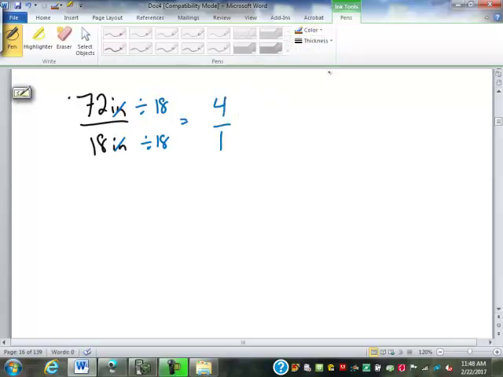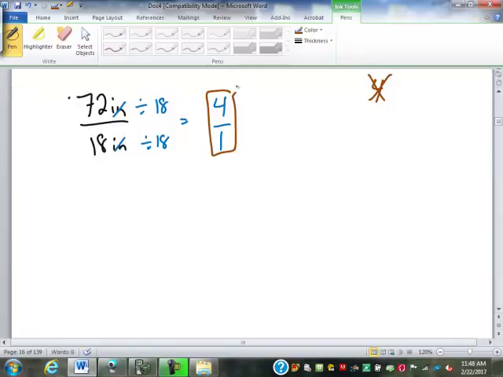So here's another difference. Up above, we kept the ratio as an improper fraction. We didn't change it to a mixed number. Same thing here. Normally, if this were just a fraction, I would write that as just 4. But since this is a ratio, I have to leave it as 4 to 1 because that ratio has to compare two numbers.